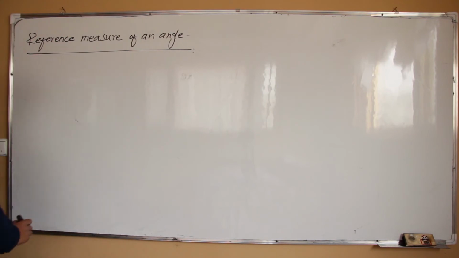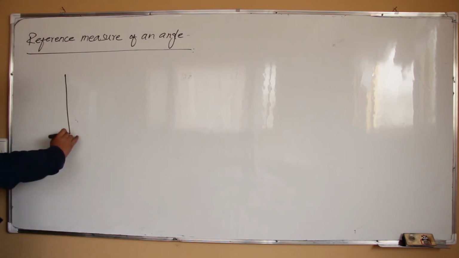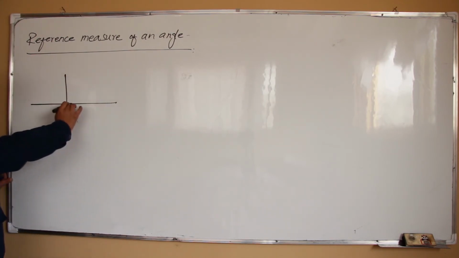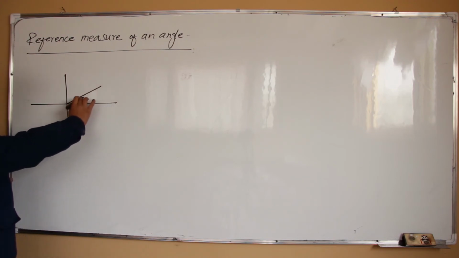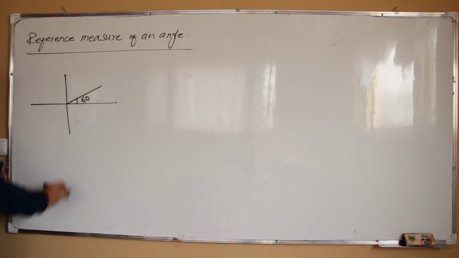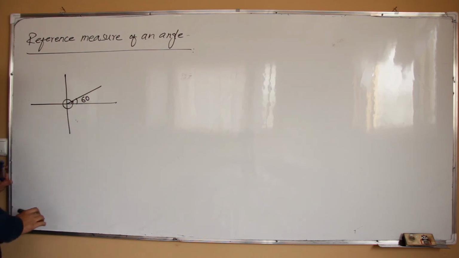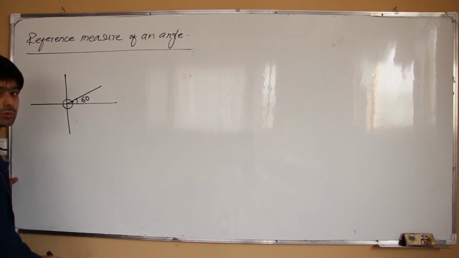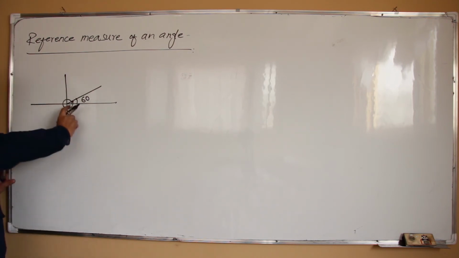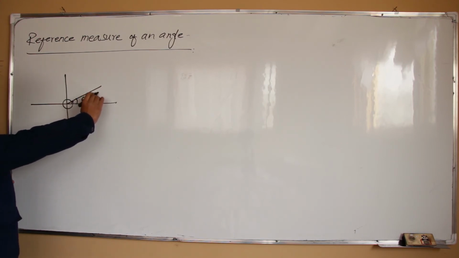Reference measure of an angle. What is this? Suppose we have an angle of 60 degrees. Now I want to turn this angle about 1 revolution, then once again it will take the place of my previous angle. What is this new angle? 1 revolution is 360 degrees plus 60 more, it is 420.